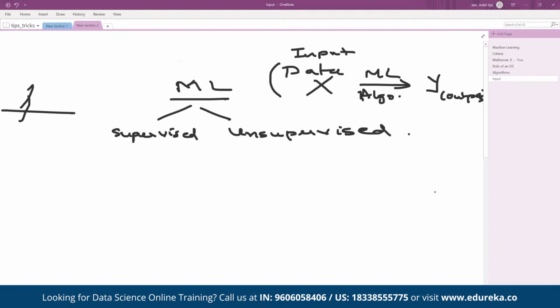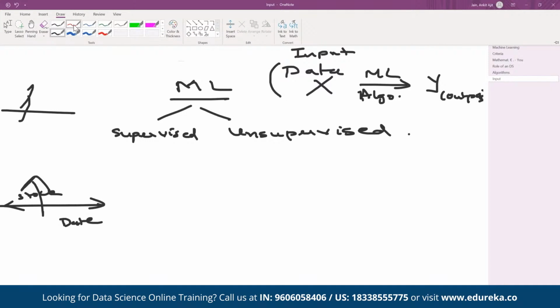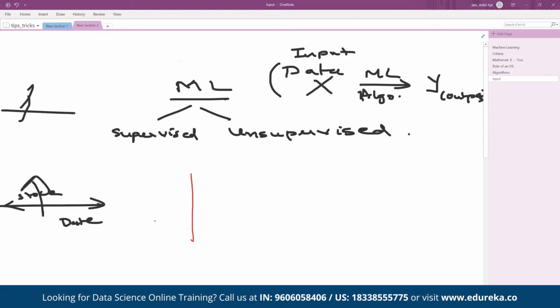To make it easier to understand, suppose you have made a graph which gives you a relationship between stock price and the date. Suppose we are creating a graph of stock prices.